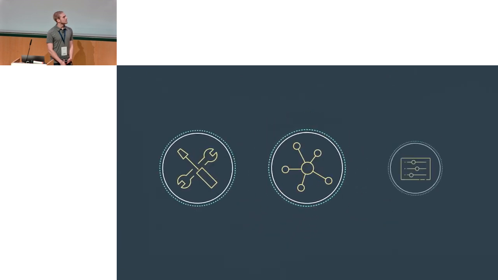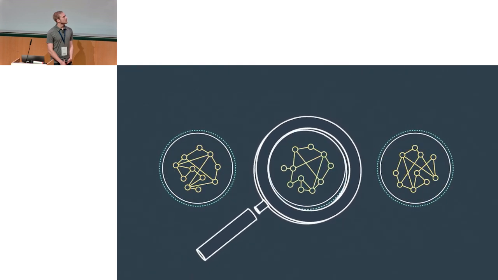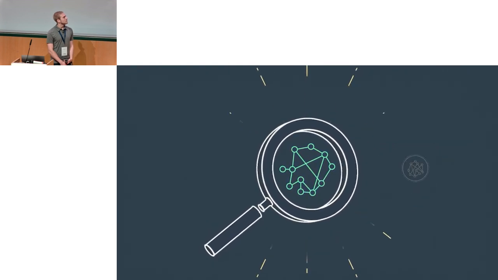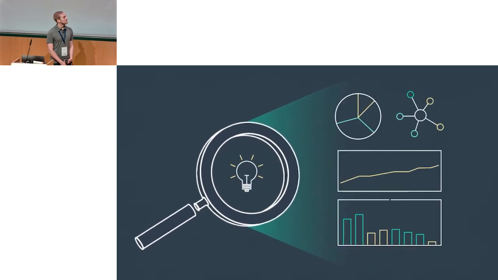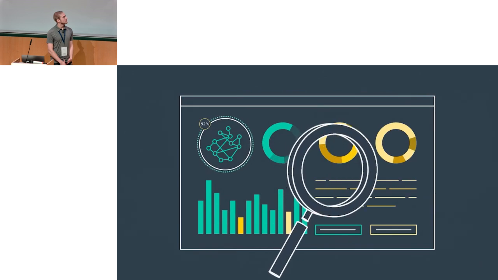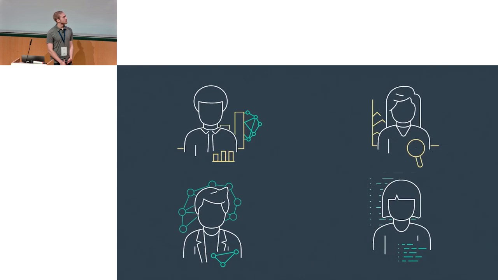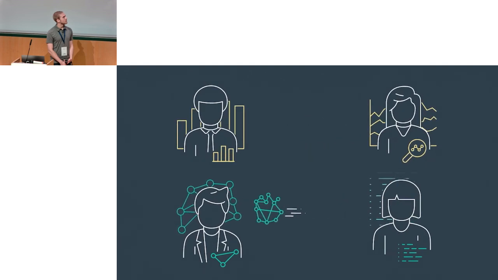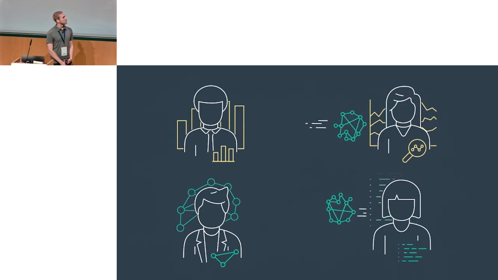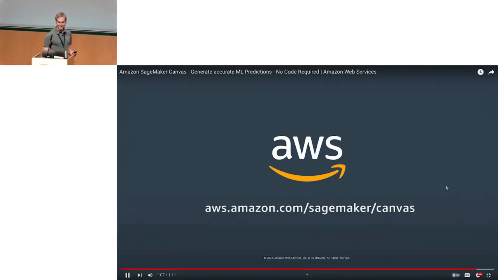By automatically building, training, and tuning several model candidates, Amazon SageMaker Canvas identifies the best predictive model based on your data to help draw powerful insights. With built-in reports and metrics, you're able to further explain, review, and interpret the model's performance. You can also share your models with data scientists using Amazon SageMaker Studio to review and collaborate. Create accurate machine learning predictions on your own by getting started with Amazon SageMaker Canvas.